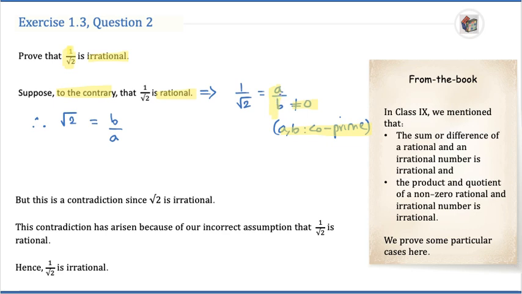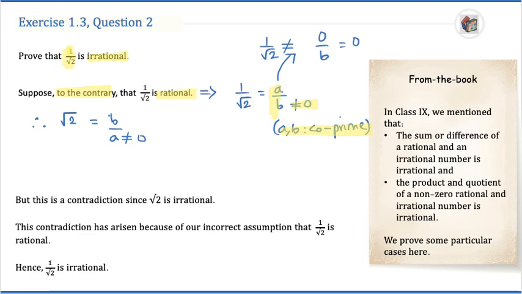But a definitely is not 0. Think why. If a was 0, then no matter what b was, 0 over b would have the value 0. It would never be equal to 1 over root 2, right? So because of this, you can be sure that a is also not 0.